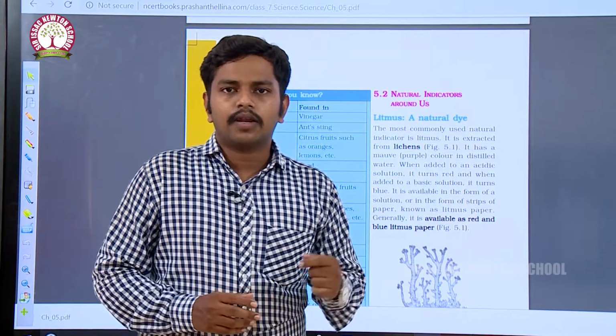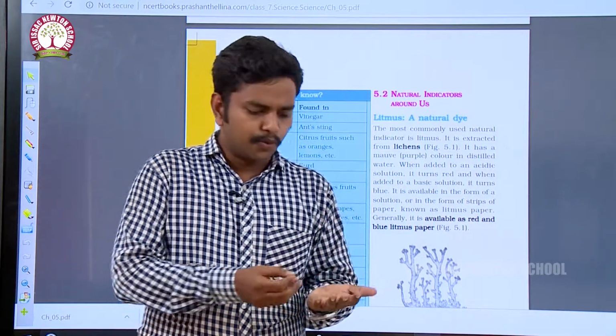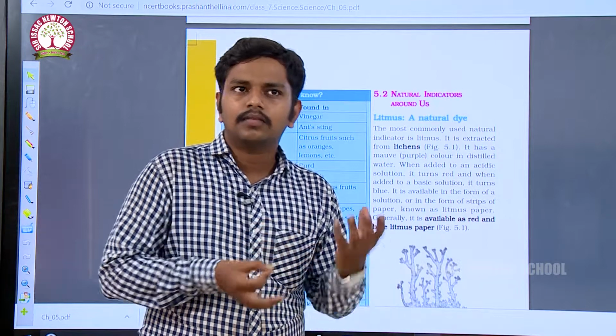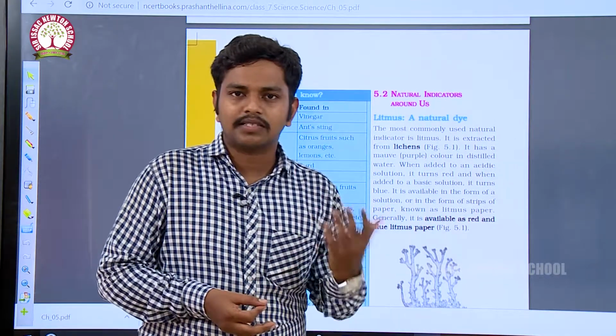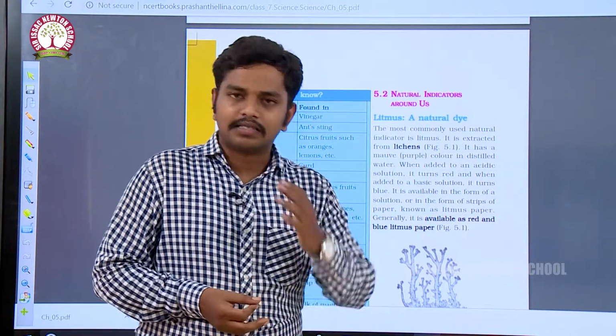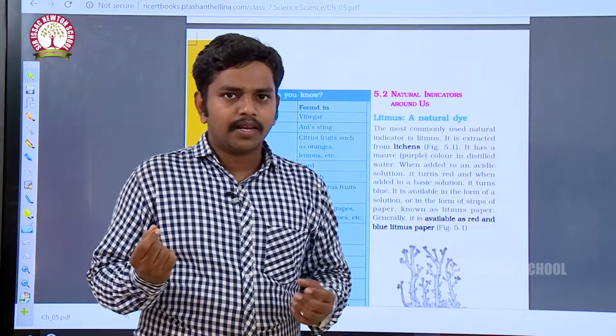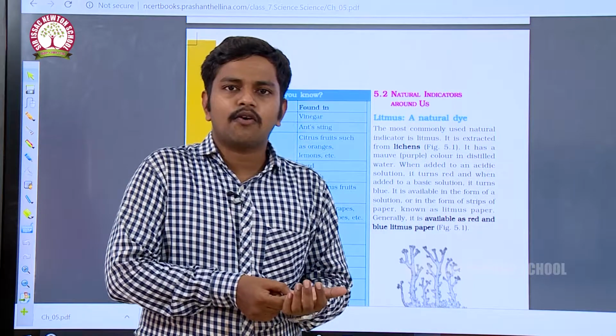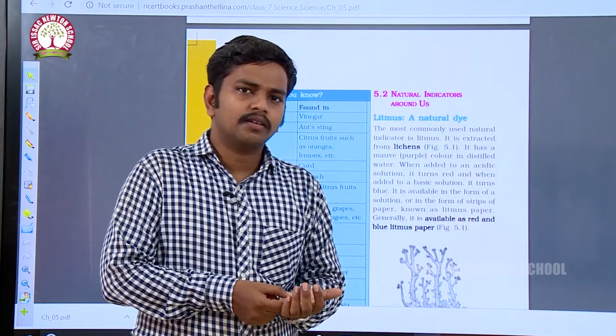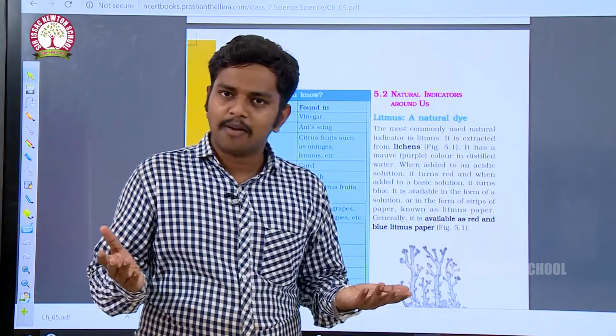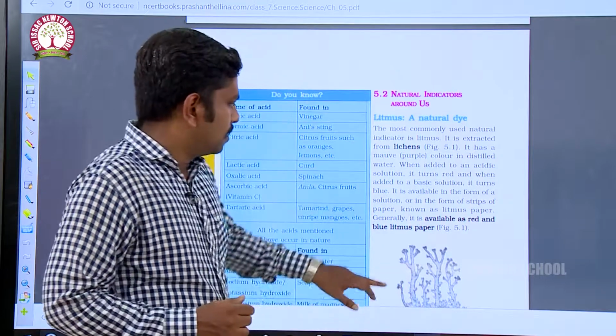When I take red litmus paper and put it in lemon, what is the change? No, it does not change. Suppose I take blue litmus paper and touch it to the surface of lemon, what happens? The color will change. Am I right? Good.